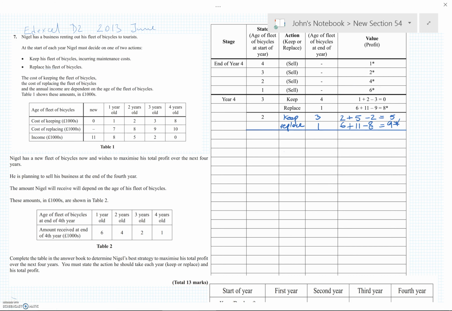So now we can consider the state 1-year-old bicycles at the beginning of year 4, which we can keep or replace. If we keep them, we've got 2-year-old bicycles. If we replace them, then we've got new at the beginning and 1-year-old at the end. Now completing the numbers, if we've got 2, we're pulling down the 4 from before.